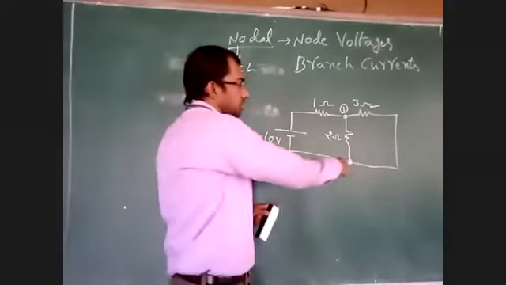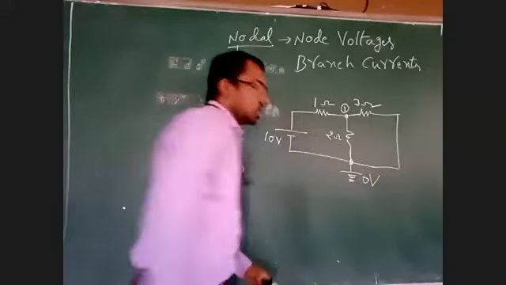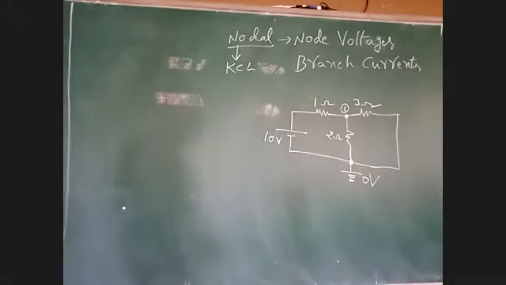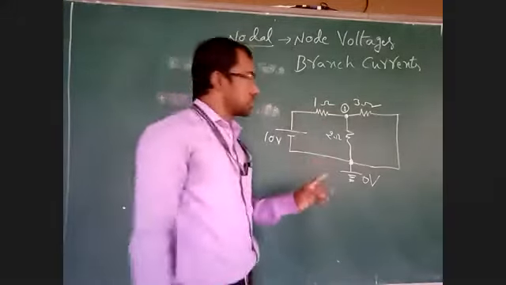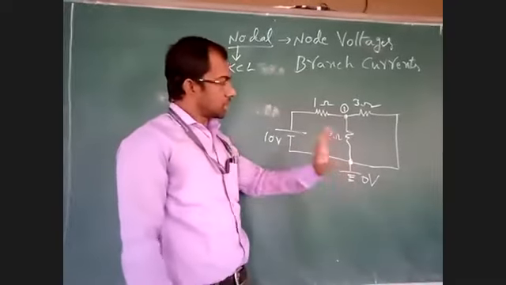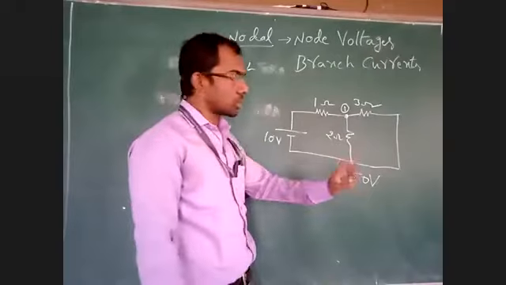But generally we won't call this a node because this is the reference node or ground node. The voltage at the reference node or ground node is 0. Now we can say that only one node is there in this circuit. In any circuit, we take one node as the reference node. Here I am taking this node as the reference node, the ground node.